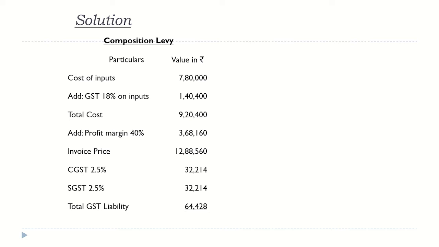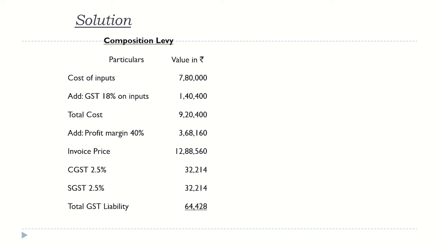Hence, this GST paid on inputs is added to the cost of inputs, making the total cost 9,20,400. The question says there is a profit margin of 40% on the total cost. So 3,68,160 is the profit margin of 40% calculated on 9,20,400.